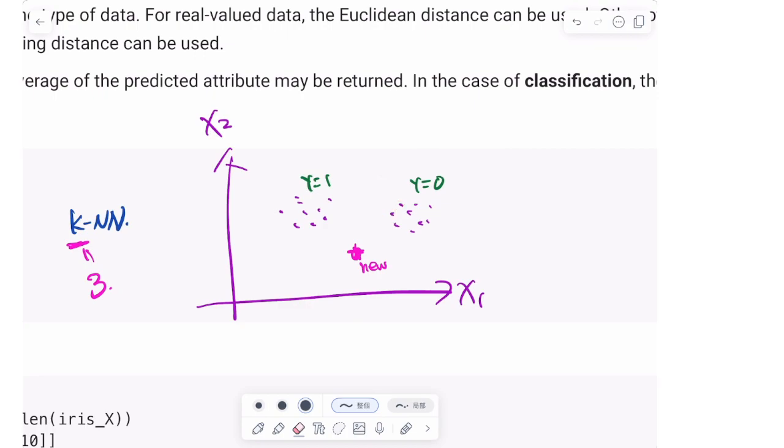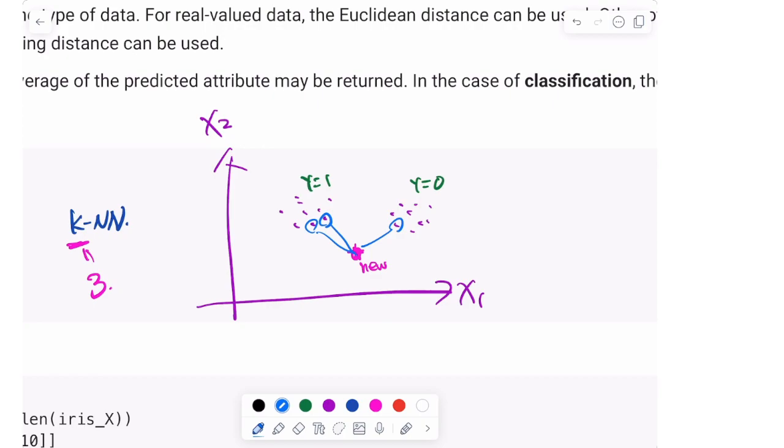So how do you do such a prediction? First, you calculate the distance of this new data point to all other data points in the data set, and you choose the 3 smallest-distance data points. For example, one is right here, and the other is right here, and the other is right here. As you can see, of the 3 nearest neighbors, 2 belong to class 1, y equals 1, and one belongs to class 0.